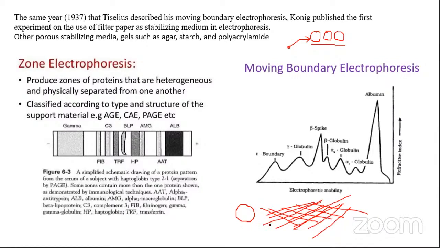Now, why we were discussing all this is because imagine that your sample molecules, one molecule is of this size and the other molecule is of this size. Suppose this is molecule A and this is molecule B. Which of these two can pass through this pore size gel easily?